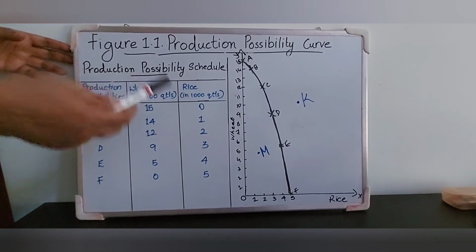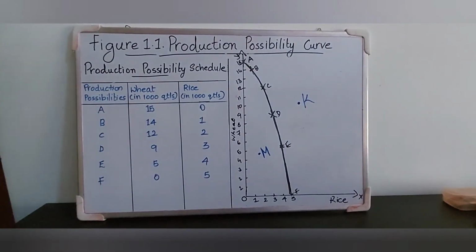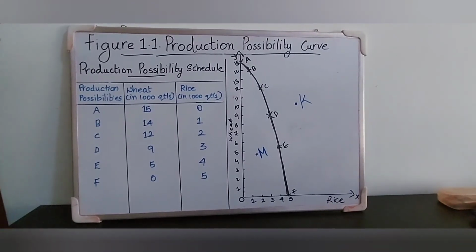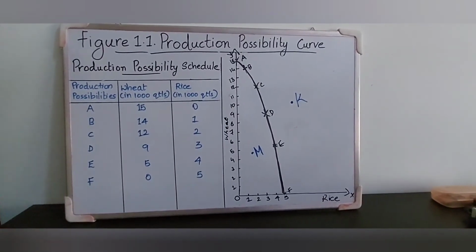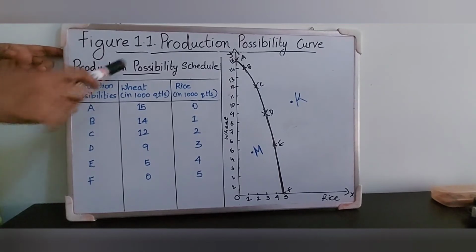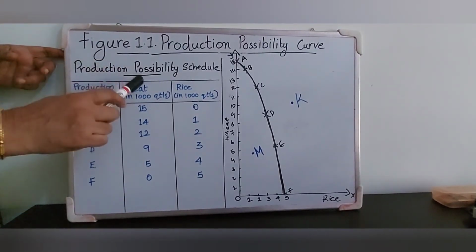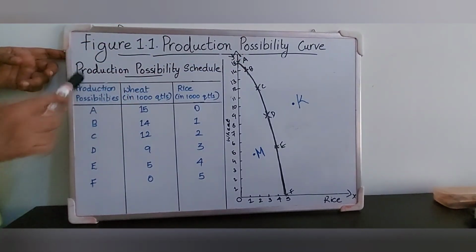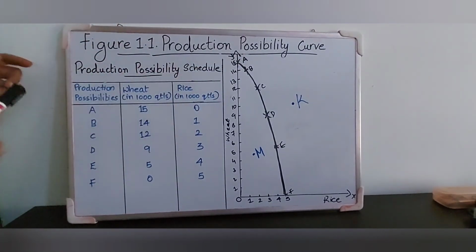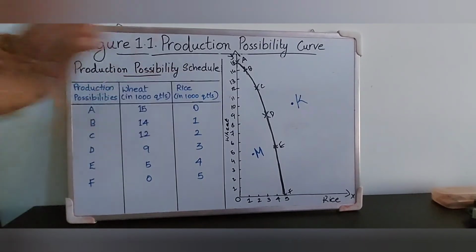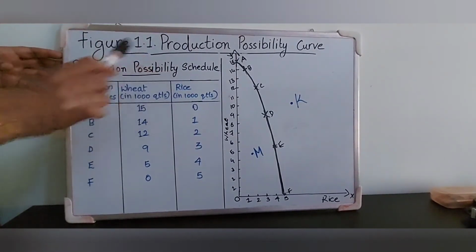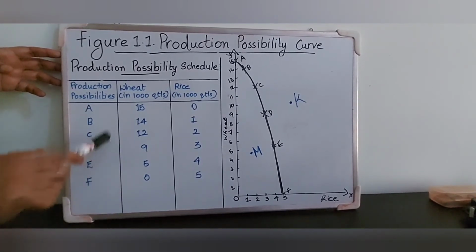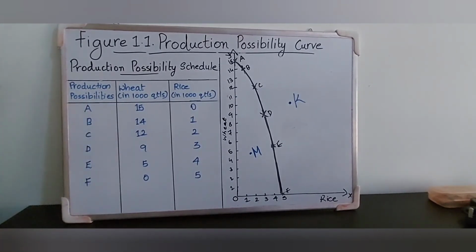The central problem of what to produce can be well explained through a production possibility schedule. What to produce or the problem of choice. It can be explained through production possibility curve, which is derived from production possibility schedule. What is a production possibility schedule? This is a table showing different production possibilities with the given resources and technology.